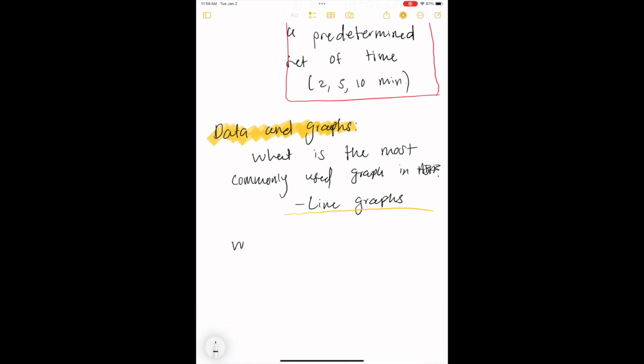I don't think they would ask you this, but if they say, why is data collection important?